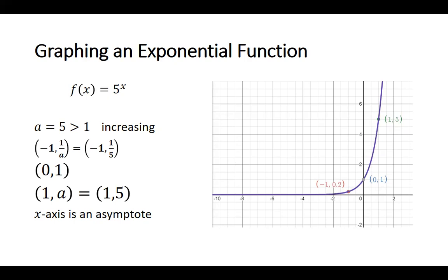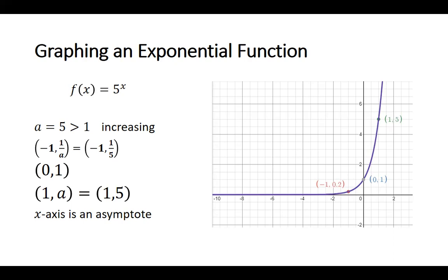All of the same graphing methods that we have used, the transforms that we've used, vertical stretch, vertical shift, horizontal shift, all of those things can still come into play. I could start with 5 to the x as my base function, and I could make that 5 to the x minus 2.